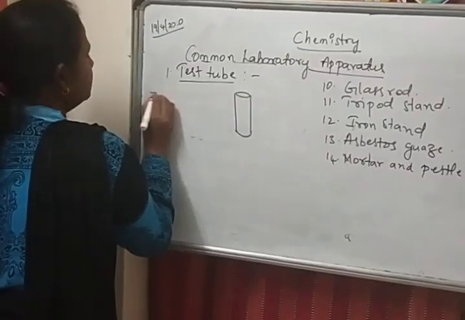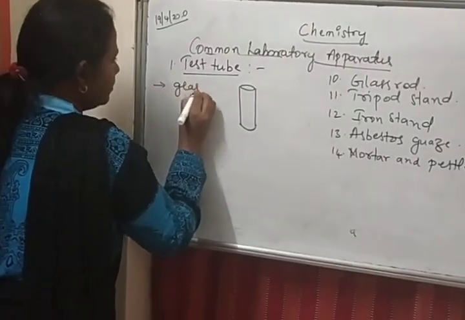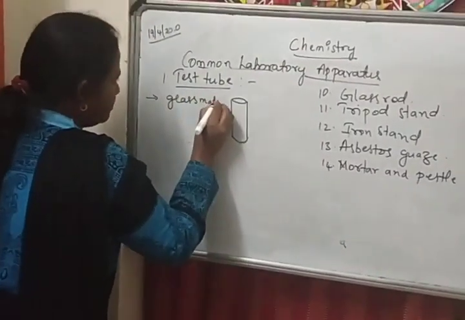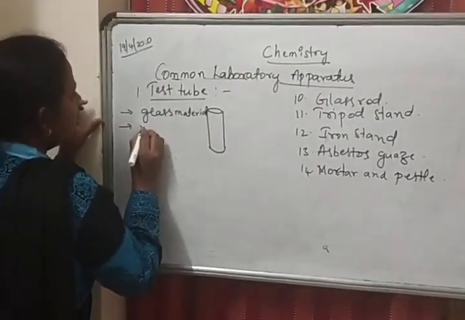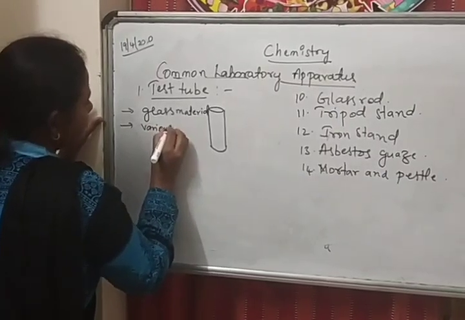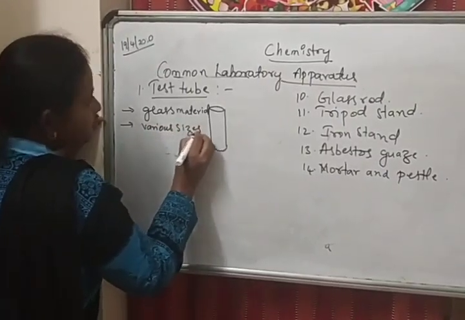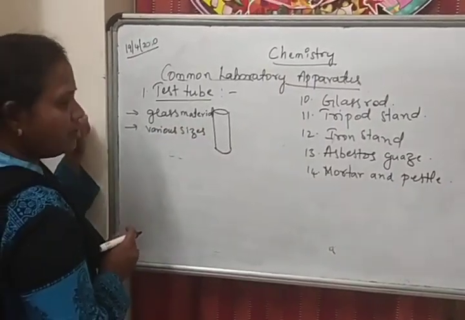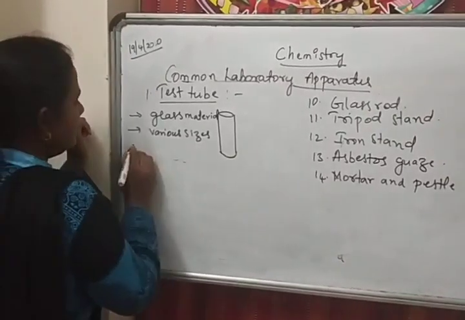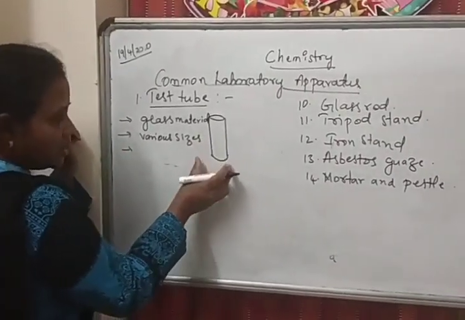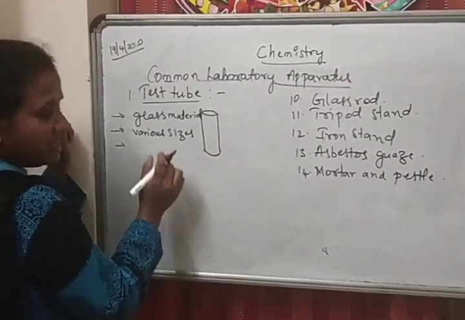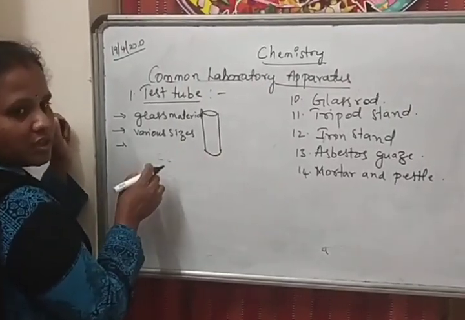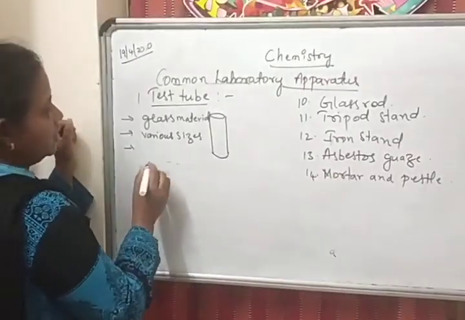This test tube is made up of glass material, and test tubes are of various sizes. The test tubes used in our chemistry lab are of various sizes, and in this test tube, a particular chemical is taken and subjected to a heating process or a chemical reaction.